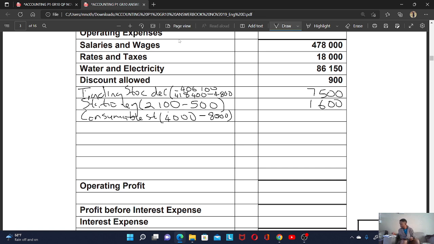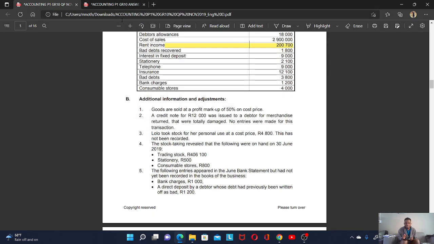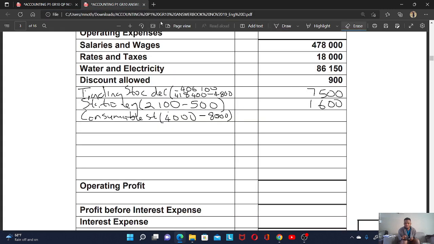So 4,000 minus the consumable stores on hand, which is 800 rand. So we have to subtract it. It's 3,200.